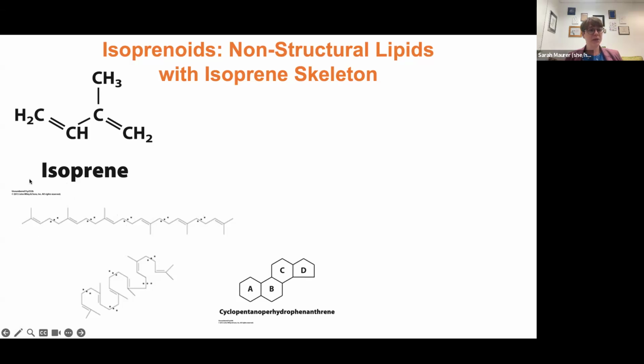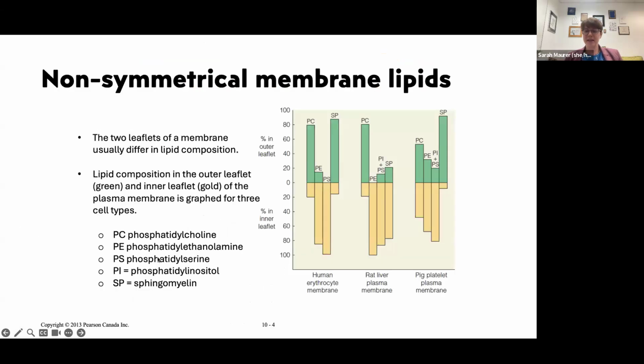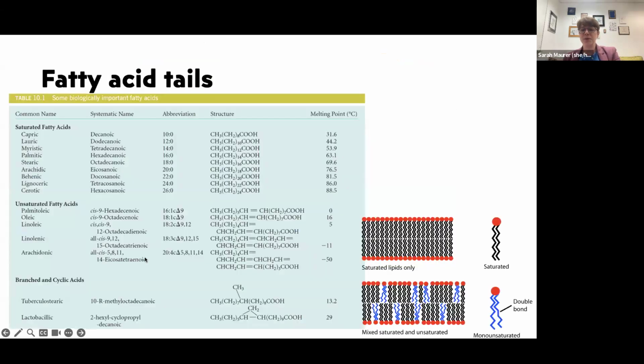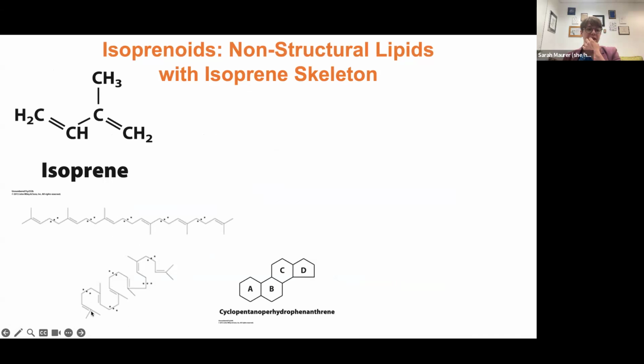And so the isoprene lipids tend to be 5, 10, 15, 20, not even numbers of carbons, and the molecule folds up into this very interesting structure, which then can cyclize. And I don't know if you recognize this kind of structure. These isoprenoids are the structure that we use to make cholesterol.